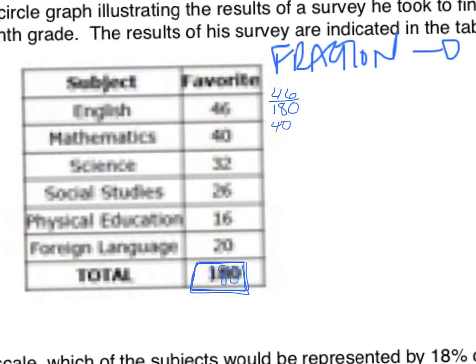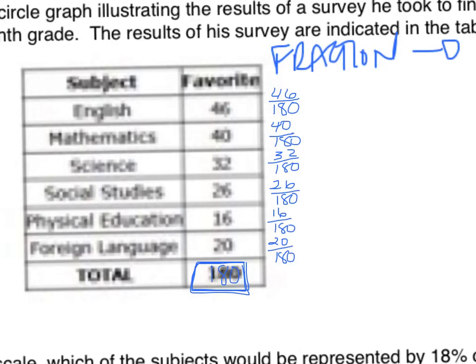The next one would be 40 out of 180, 32 out of 180, 26 out of 180, 16 out of 180, and the last one is 20 out of 180. So now we have all of our fractions, so we do top in the box, which means divide, right?